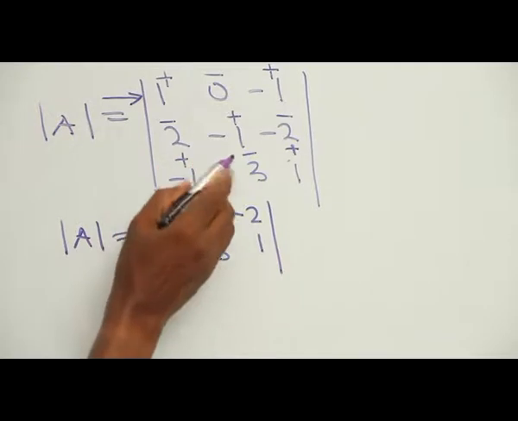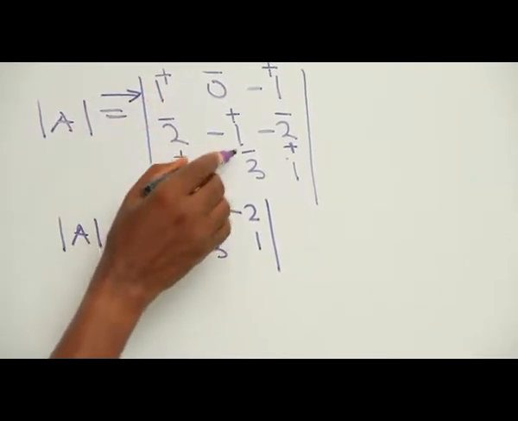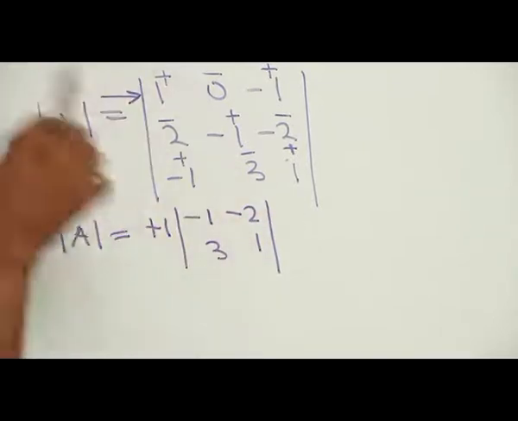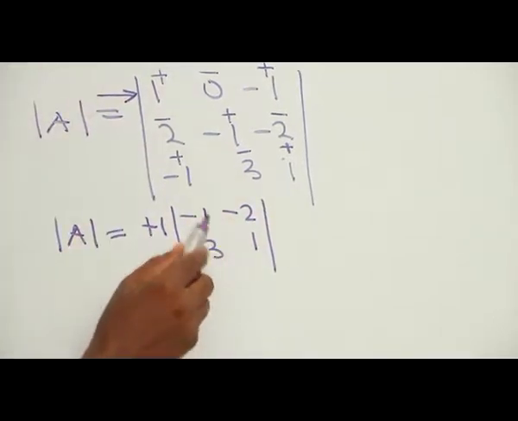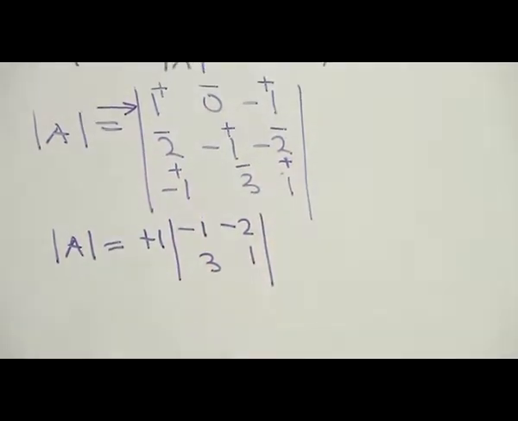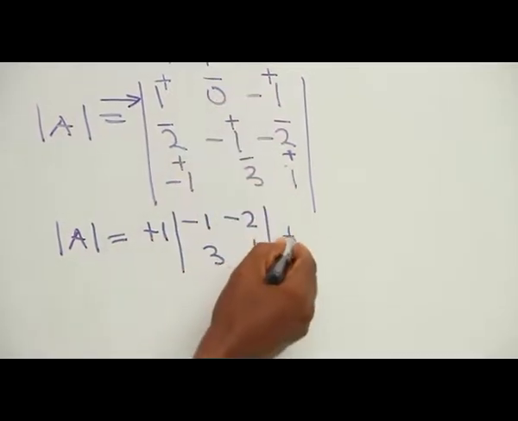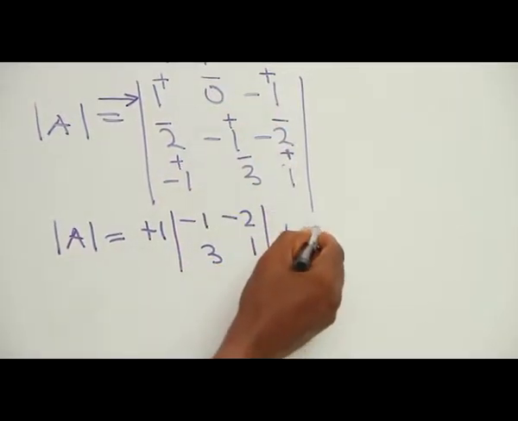Mind you, I did not write the signs that are included in this element. The original numbers are the ones written here. Well, 0 comes in, and I've told you 0 will make everything 0, so you don't bother. The next one is plus, and the value there is minus 1.